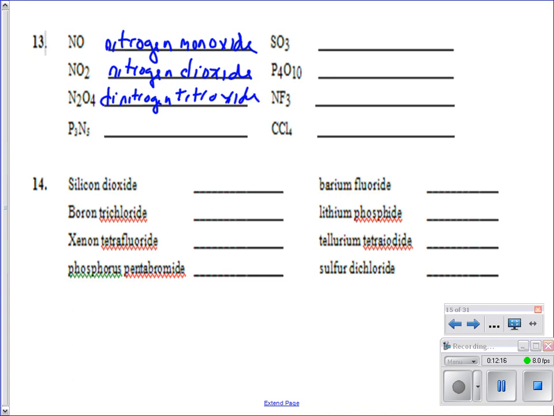There, we do have to put a prefix on the first one because there's more than one of them, right? P3N5. Triphosphorus pentanitride.